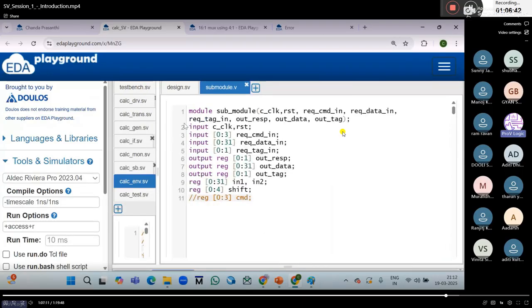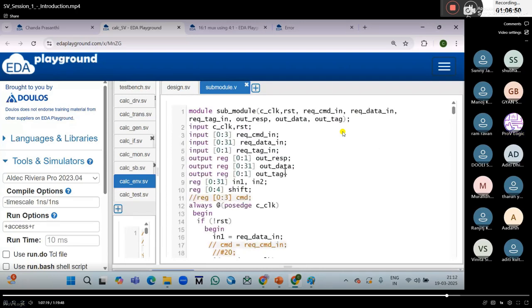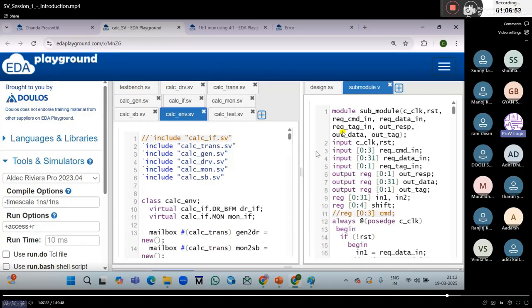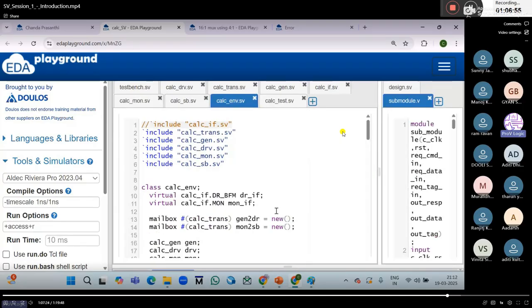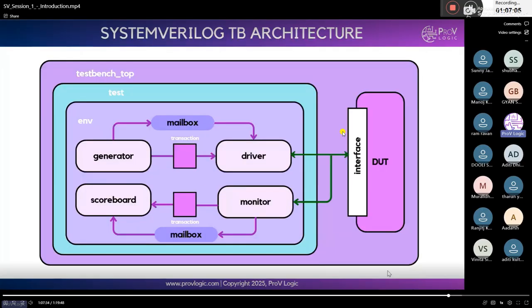This program is related to a calculator. For the design, on the left side we write the testbench program. If you see here in the PPT, first of all, we need to create the interface.